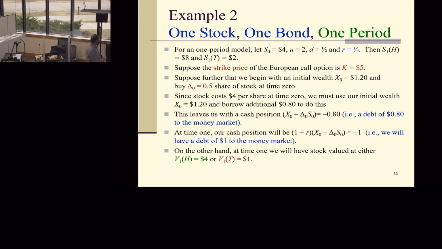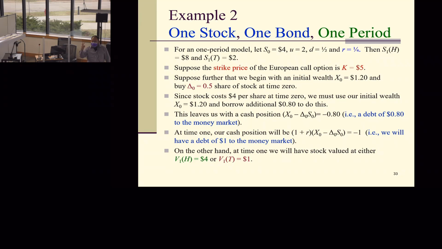And suppose further that we begin with the initial wealth X naught. X naught is $1.20 in my pocket at the moment. I'm buying half a share of stock. Half a share of stock costs me how much? $2, correct?